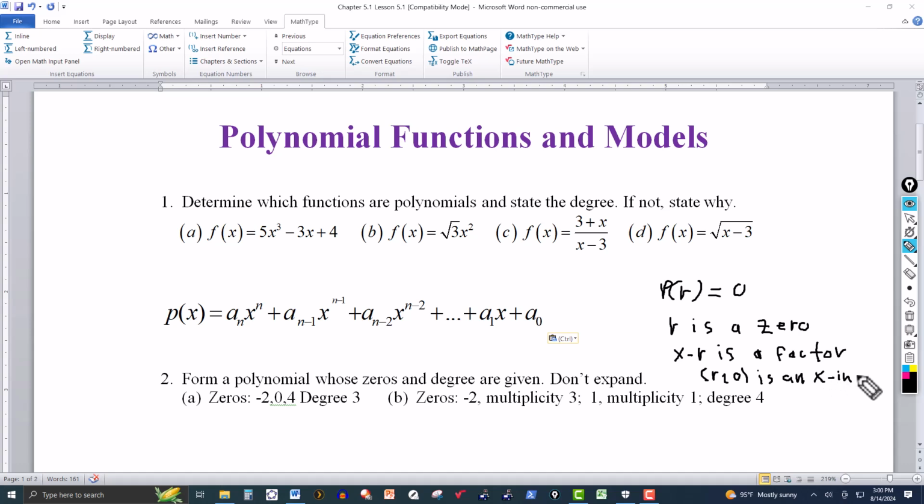The graph crosses the x-axis at the point r,0. So that's what you know. Anytime you have a polynomial evaluated at some number r and you get 0, you know that r is a 0. You know that x minus r is a factor. You know that r,0 is an x-intercept of that graph. And we're going to use these ideas in the next few problems here.